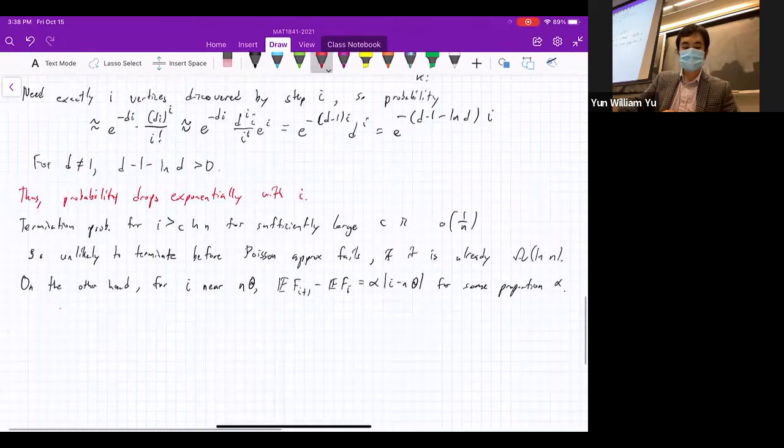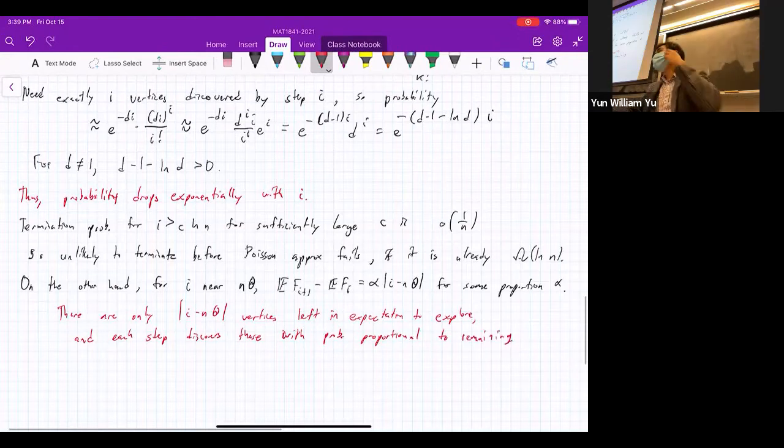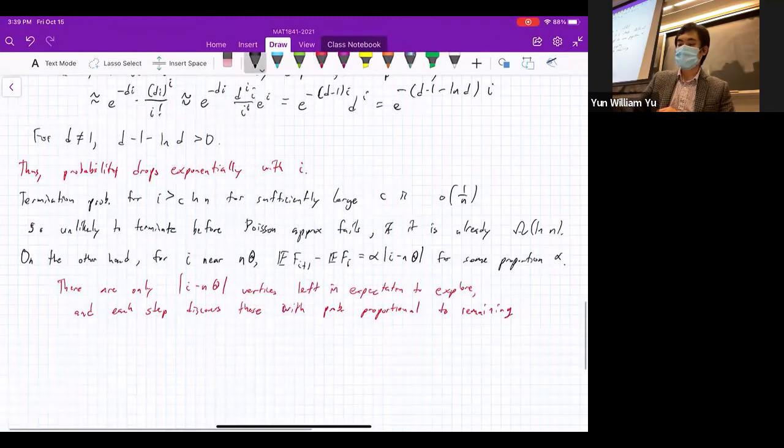And this is because there are only I minus n theta vertices left in expectation to explore, and each step discovers these with probability proportional to the stuff that's remaining. You could probably compute alpha, but it's not really so important for our purposes.